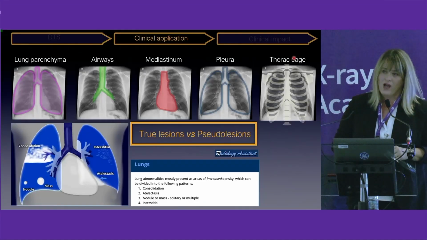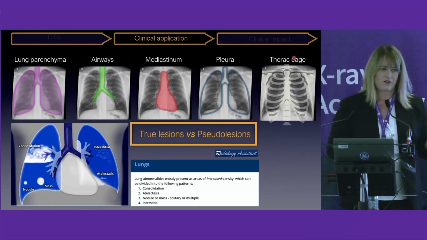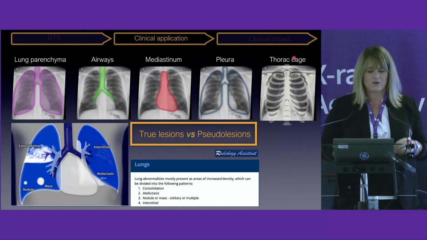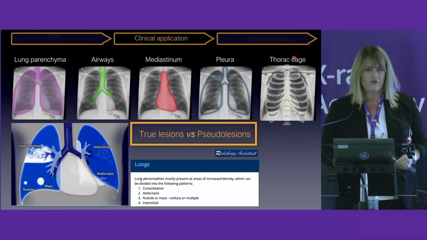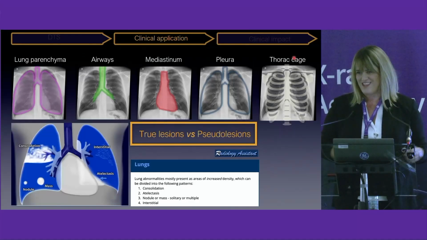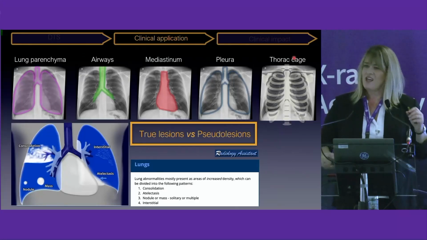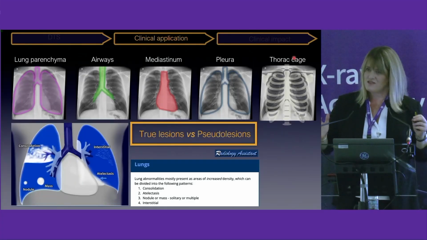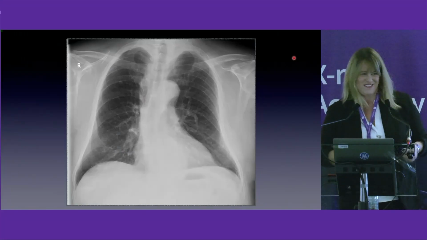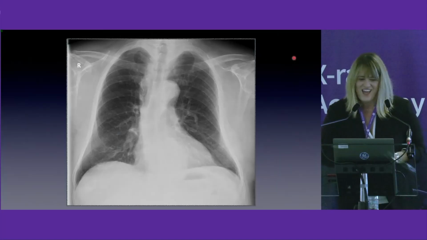I think that one of the main problems is recognizing lesions, and in particular distinguishing true lesions from pseudo lesions, because we know that the main problem in chest X-ray is distinguishing these two aspects. So I want an interactive session.